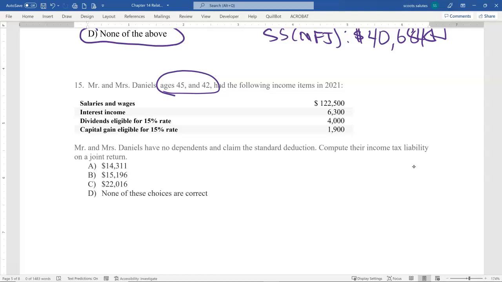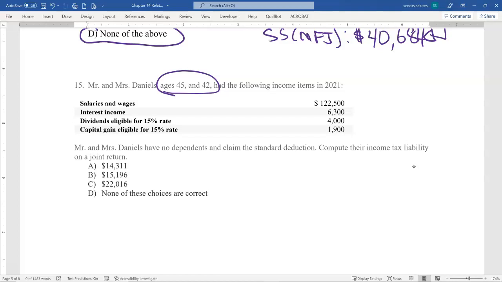They had interest income of $6,300. They had dividends eligible for a 15% rate of $4,000 and capital gain eligible for 15% of $1,900. It says Mr. and Mrs. Daniels have no dependents and claim the standard deduction. Compute their income tax liability on a joint return.